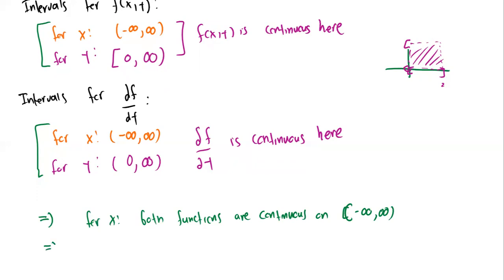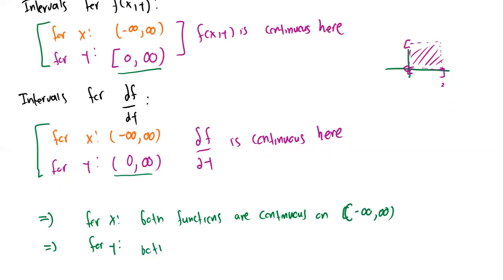Now for y, one function is continuous on 0 to infinity, not including 0. The other one is continuous on 0 to infinity, including 0. Well, it has to be continuous on both, so that means we have to take the smaller interval. We have to take 0 to infinity without including 0. Because if we were to take the other one, our function partial f partial y, the partial derivative of f with respect to y, wouldn't be continuous. So we have to take the smallest of them.